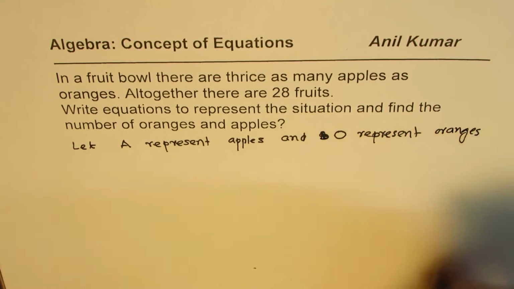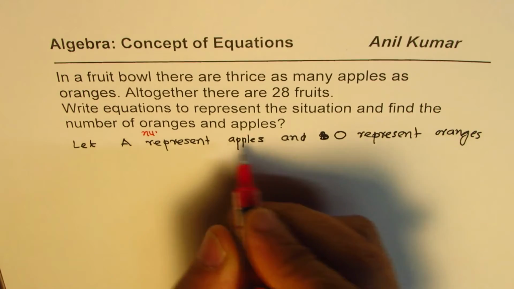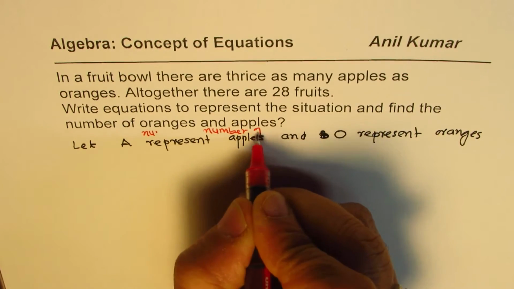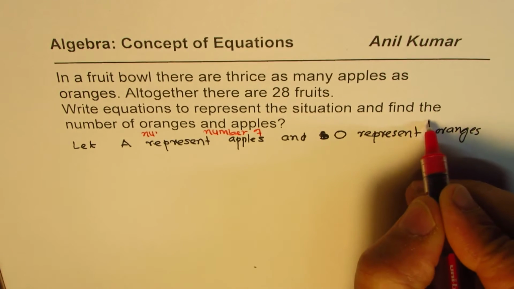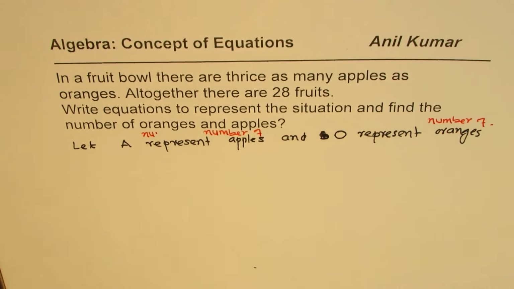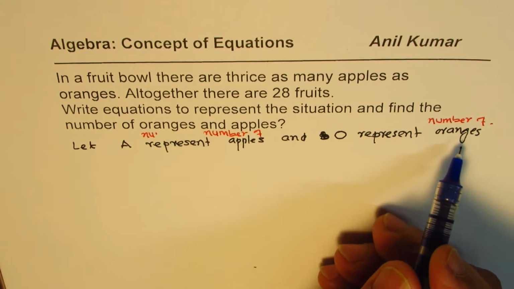So when I say apples and oranges, I mean number of, right? Number of apples and number of oranges. Okay. So we have defined two variables, A as the number of apples and O as number of oranges.